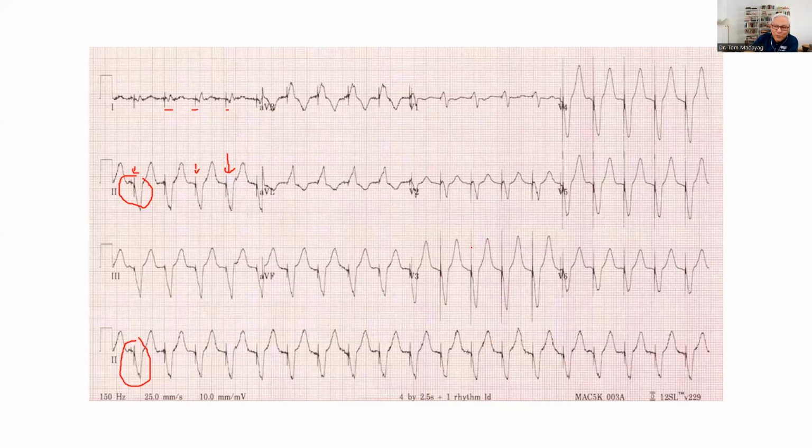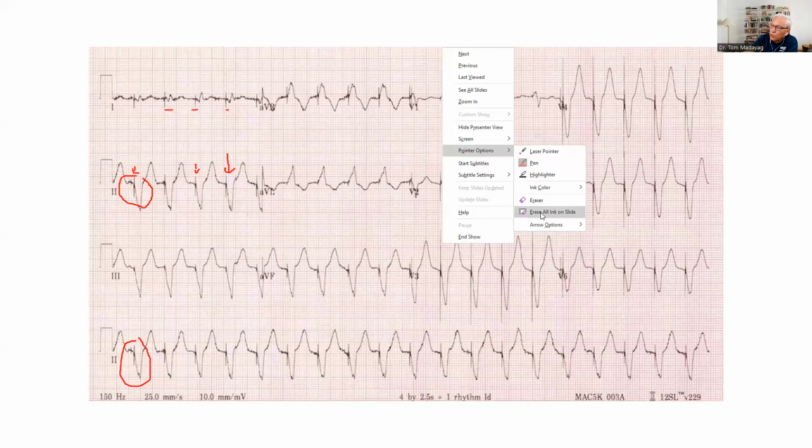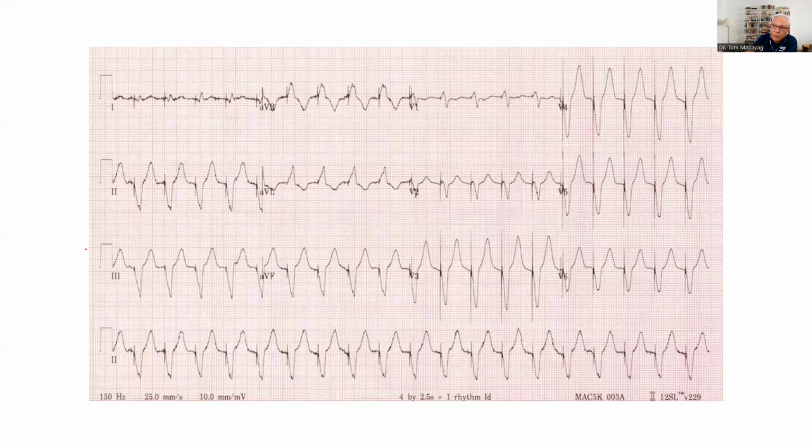Okay? So for those of you who haven't had the class on 12-lead ECG, which we're going to have next week, I'm going to just briefly discuss what we're seeing here. Whenever we look at a 12-lead ECG, we have 12 different views of the heart.